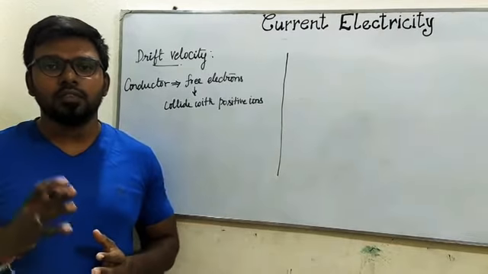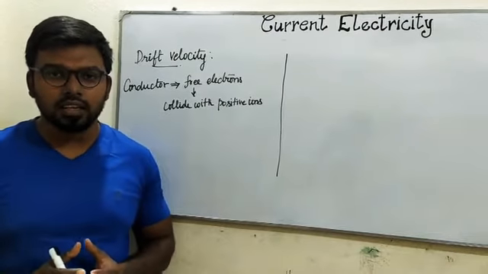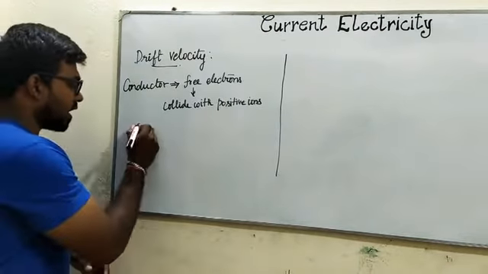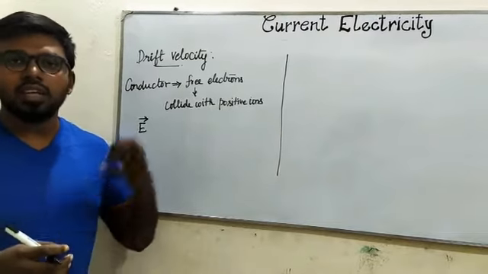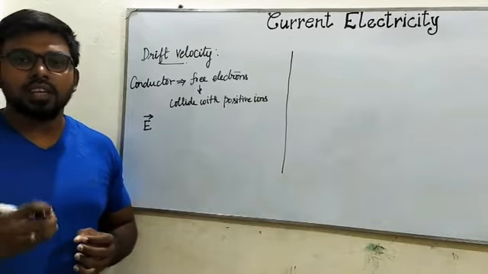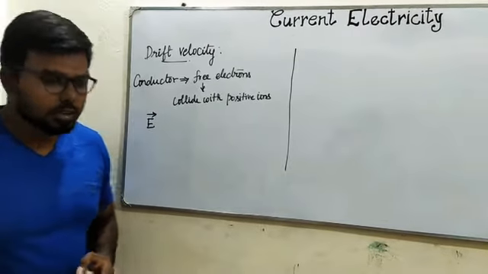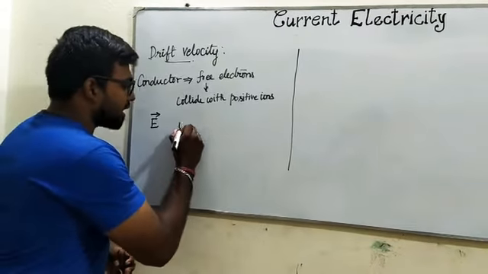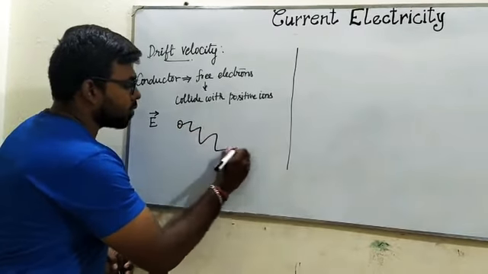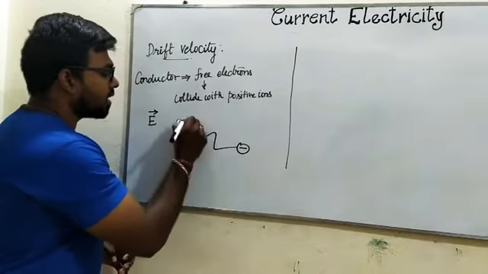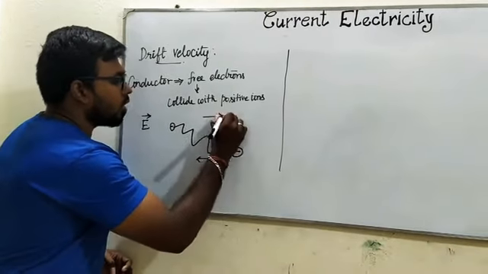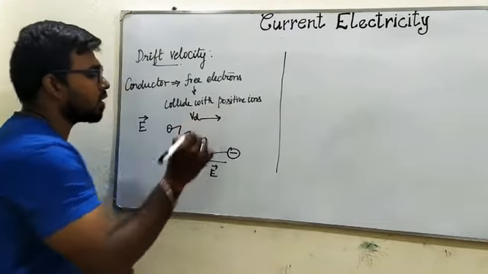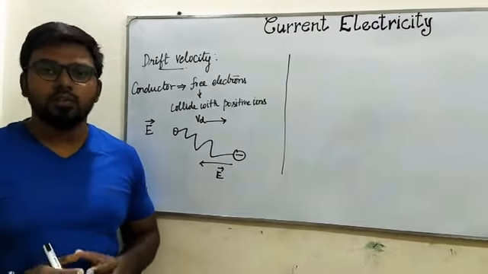When a potential difference is applied across the conductor, an electric field is created. This electric field accelerates the electrons inside the conductor against the direction of the electric field. Thus, the negative charges will be moving in a zigzag motion against the electric field with a small velocity, and this velocity is known as drift velocity.